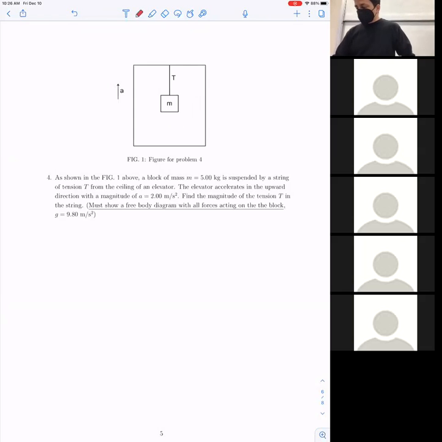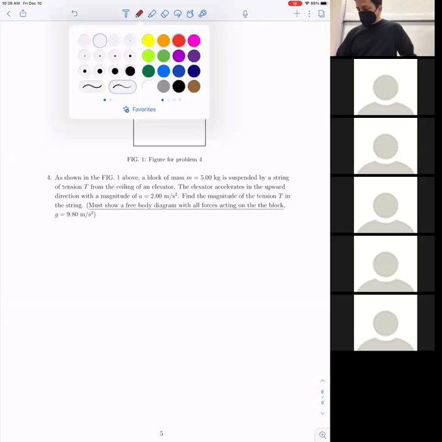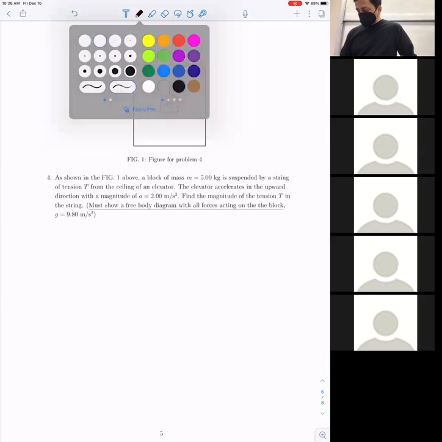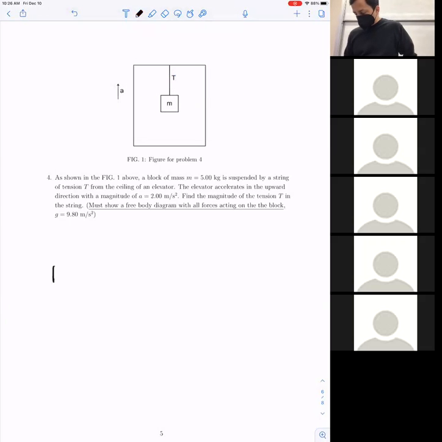So again, our goal here is to find the tension, and I'm going to draw a free body diagram for this mass M. I'm going to draw my X and Y axes. That's my positive X, that's my positive Y as my convention. What are the forces acting on this particular mass? There's the force of gravity down, so there's mg. And again, it's not g, it's m times g.